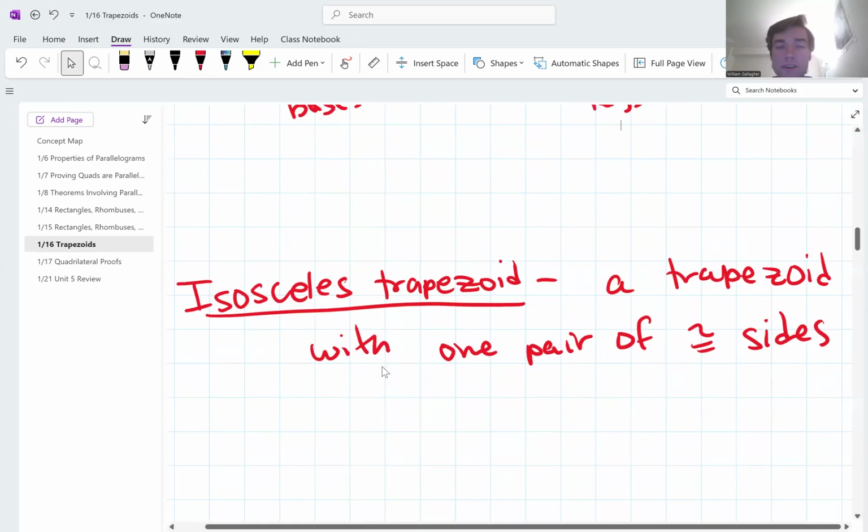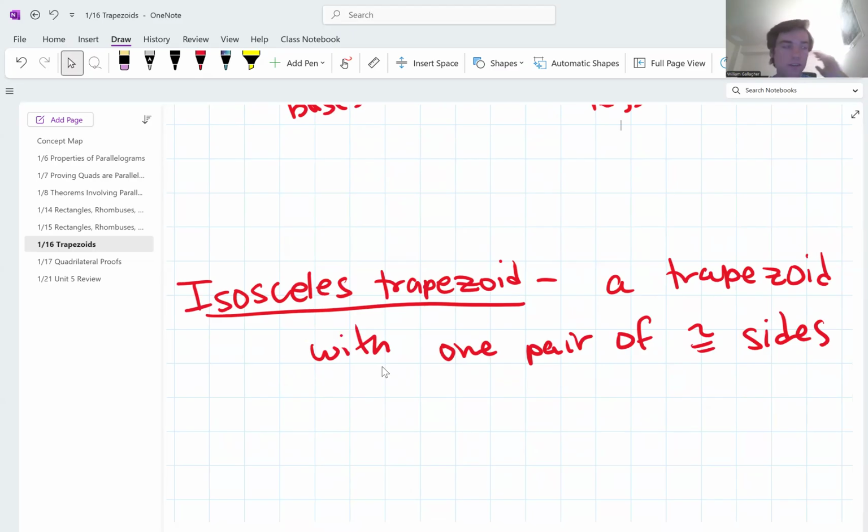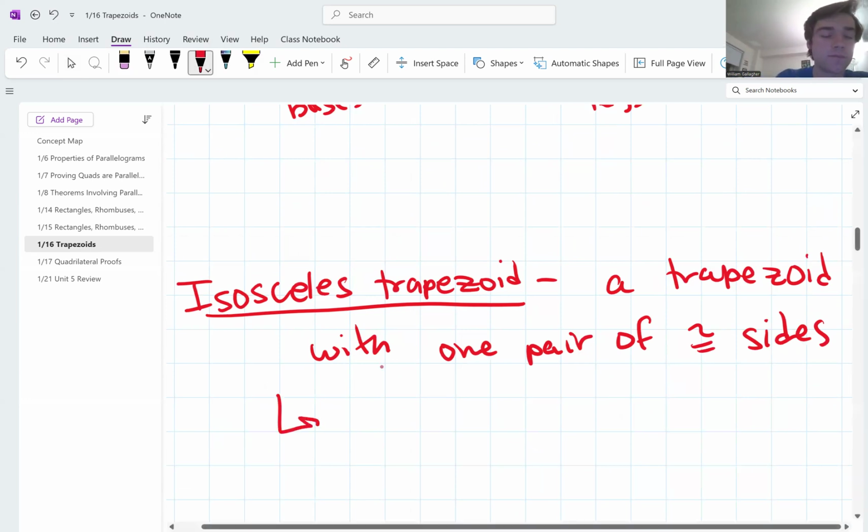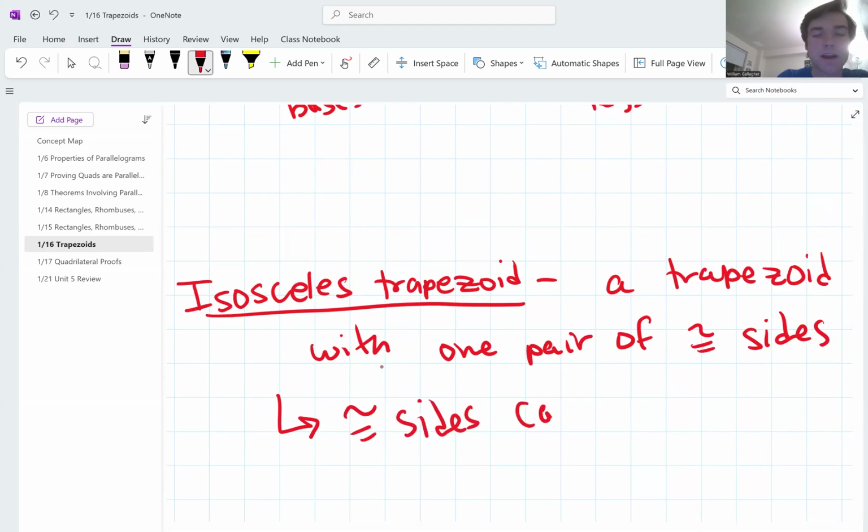As you probably could have guessed, an isosceles trapezoid is a trapezoid with one pair of parallel sides. Now, this is important, right? We have a theorem that says that if a quadrilateral has a pair of sides that is both parallel and congruent, then that quadrilateral is a parallelogram. So when you're talking about an isosceles trapezoid, you have to say that the congruent sides cannot be parallel.